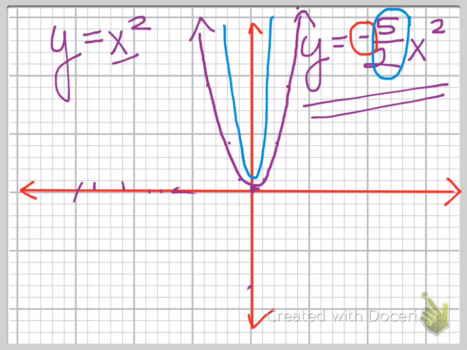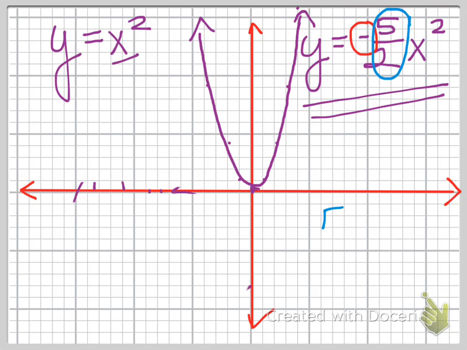If it's less than 1, you're going to be wider. Now, the farther away you are from 1, whether you're less or greater, will decide just how skinny and just how wide. So let's see, just how far away am I from 1?